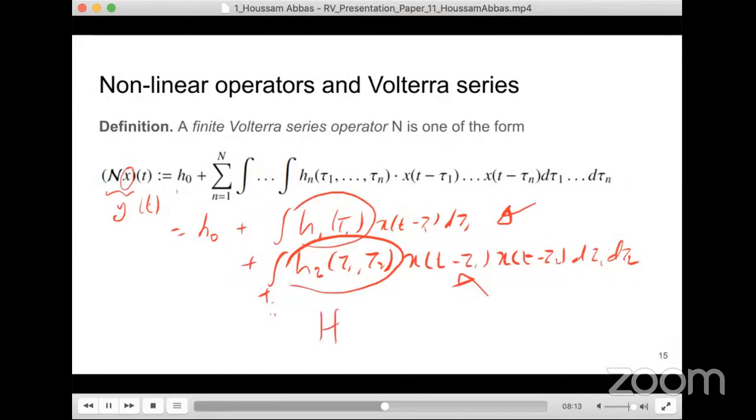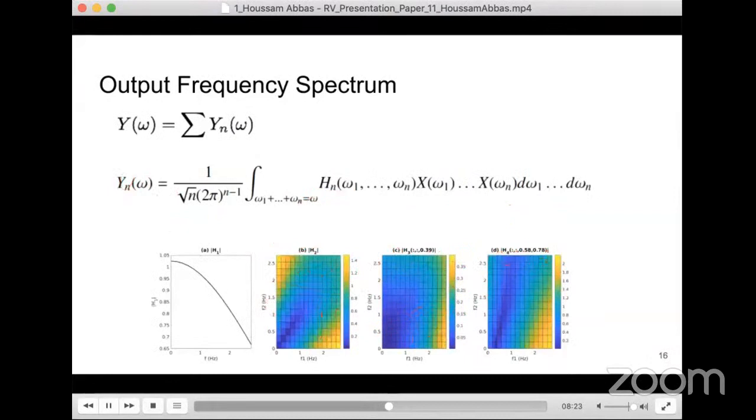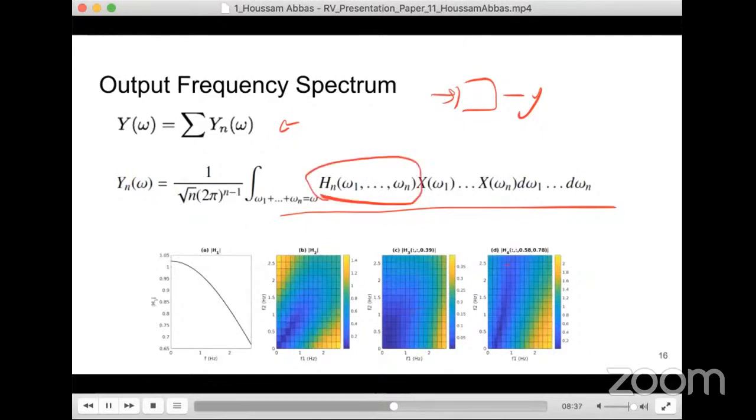If we write Hn to be the Fourier transform of hn, we can obtain the output of this Volterra operator in the frequency domain. Specifically, it is given by this. So the output y is given by this sum, and y sub n is an integral of this form. Now, the specific integral doesn't matter for the talk. I just want to draw your attention to these generalized frequency response functions, which, remember, are the Fourier transform of h sub n.